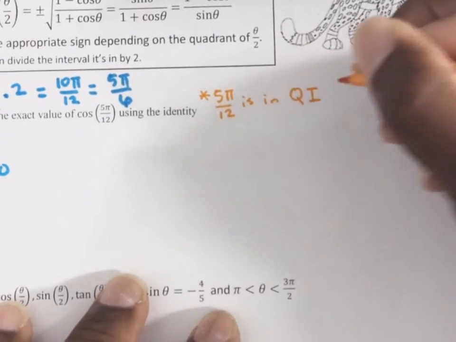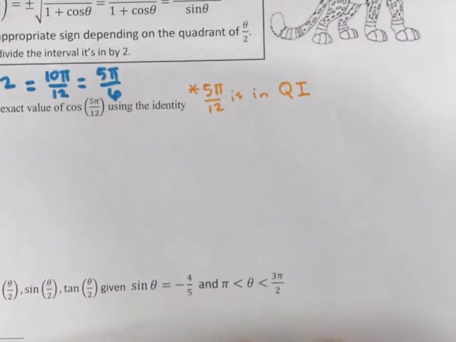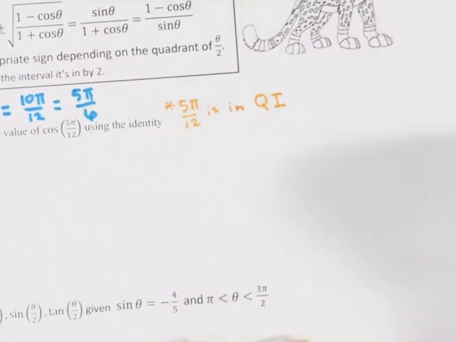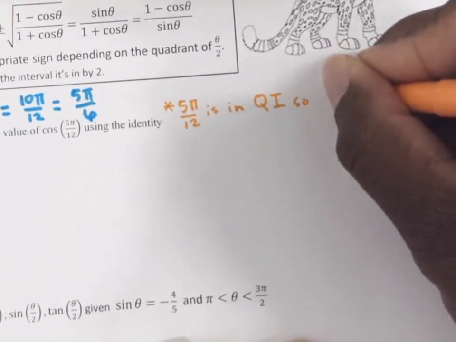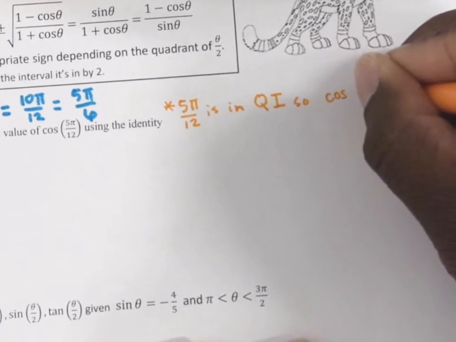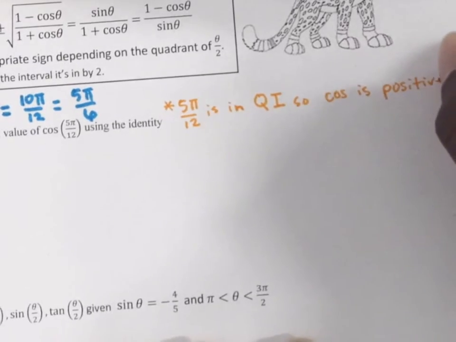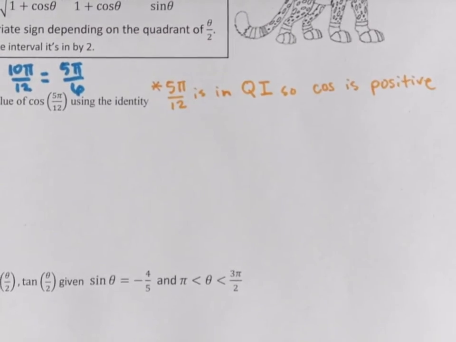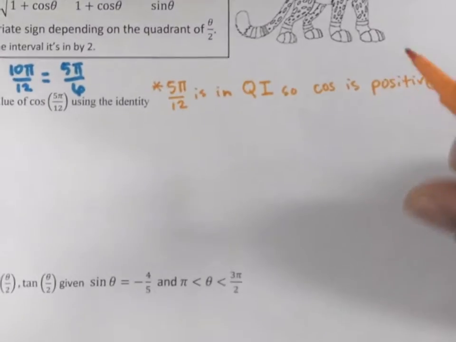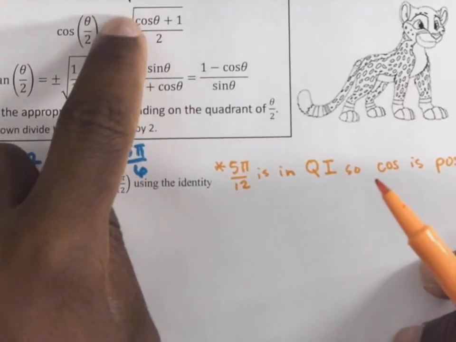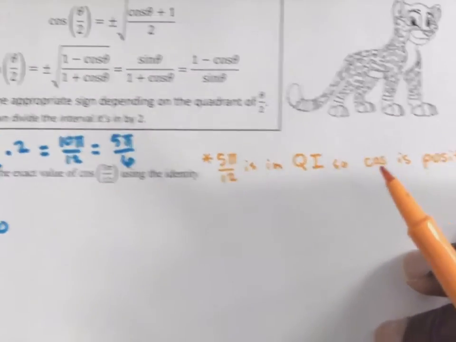Or you write first quadrant or top right, whatever. It's your notes. So cosine is positive. You can put plus if you want. So we'll choose the positive option.